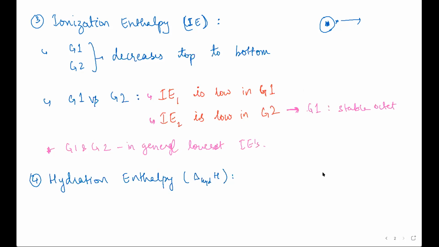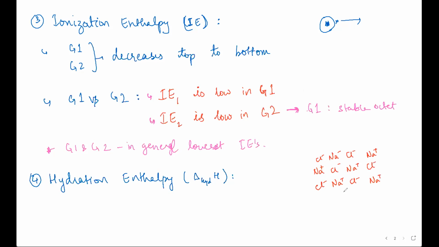Solid, crystalline. So solid state means it is still in its lattice. You've got Na plus, Cl minus. It is still in its lattice state, all the ions are still fixed in the lattice.